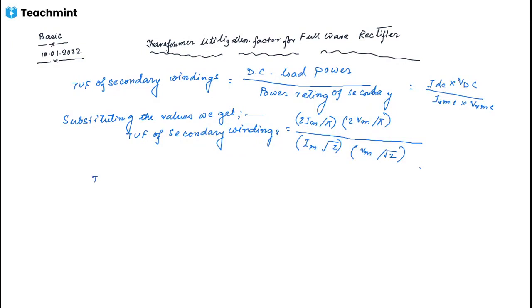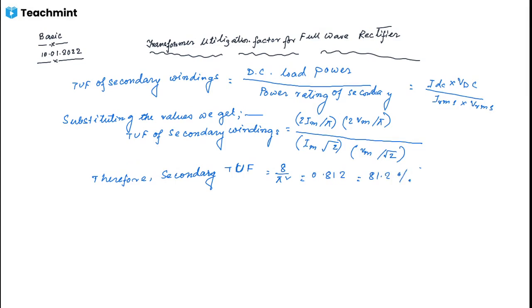Therefore, secondary TUF equals 8 by pi square, that is 0.812, that is 81.2%.